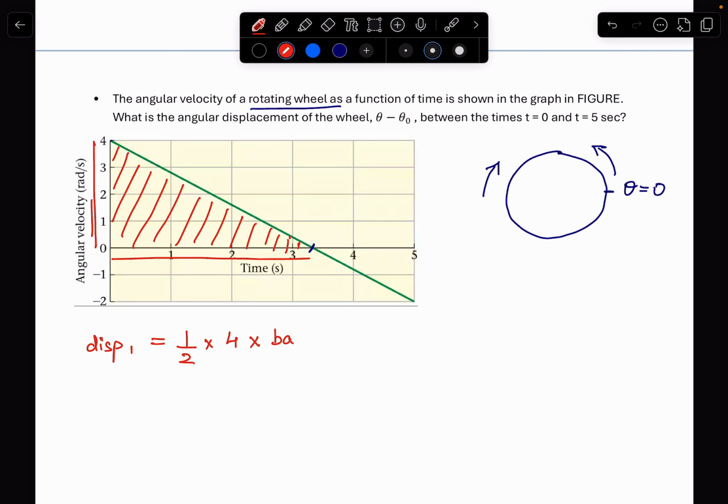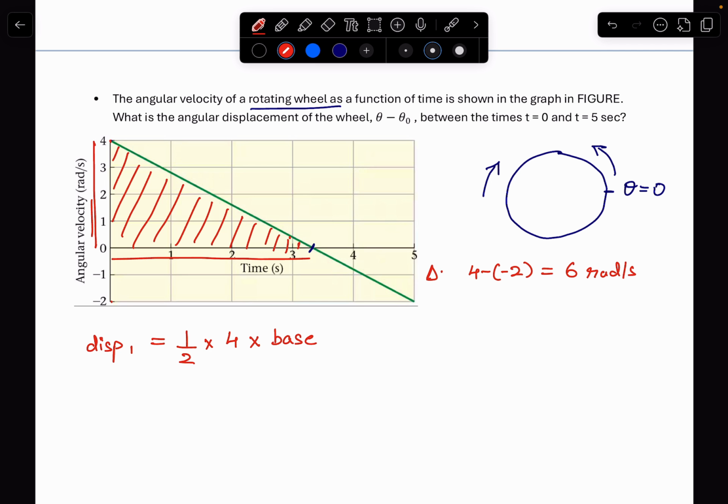So I'll just call this base. And how do I find base? I have to look, because this is a straight line, the velocity went from 4 to -2, which means 4 minus -2 gives us 6. So the difference in speed was 6 radians per second.